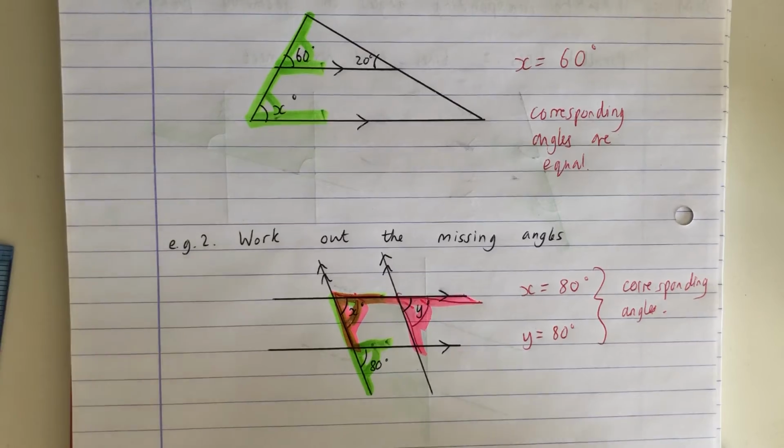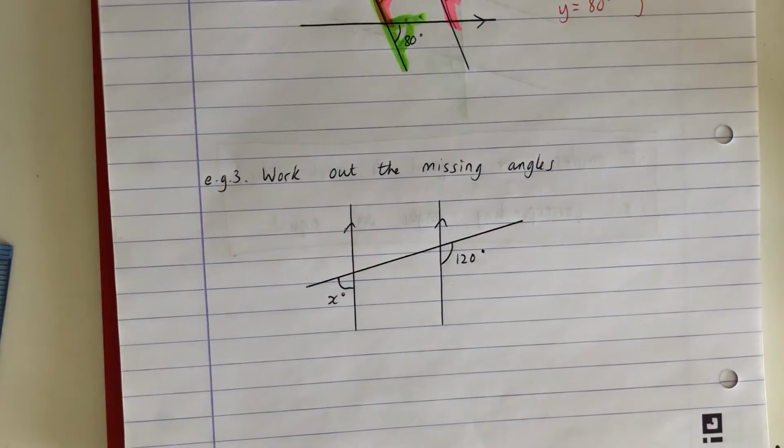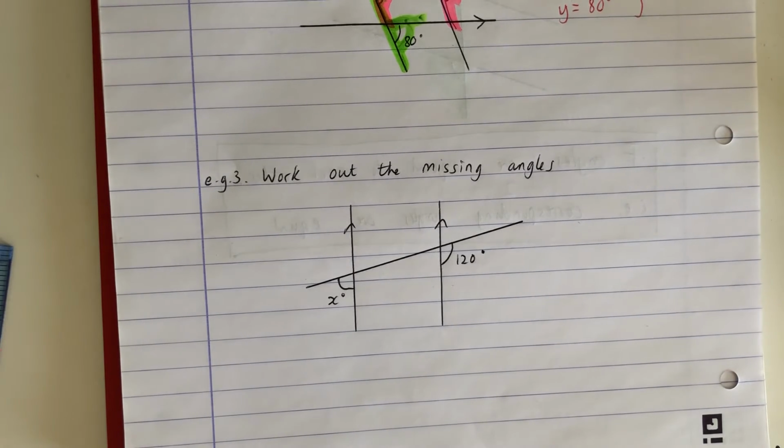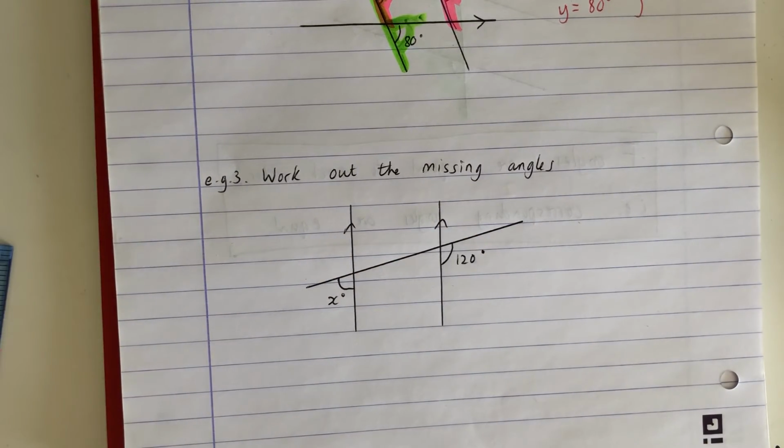Okay, third example. It's getting a bit more complicated. Sometimes when you're asked to work out missing angles, you have to work out some of the unlabeled angles first, because there's no way I can work out X in this case in one step. No way at all.